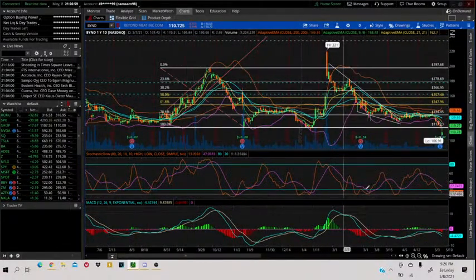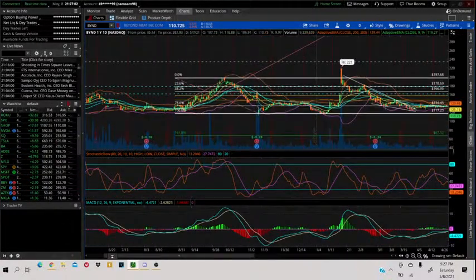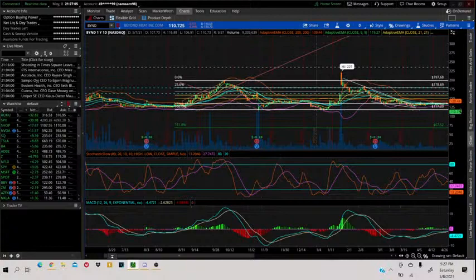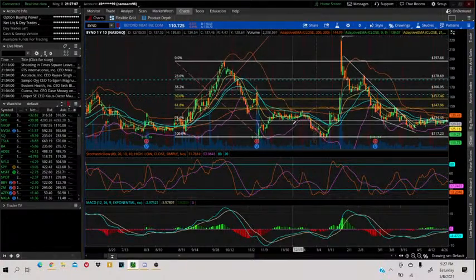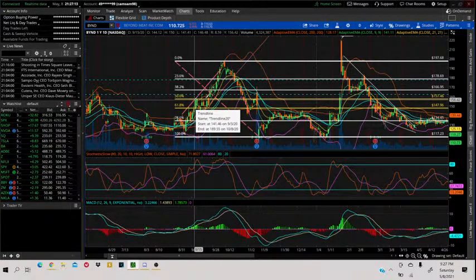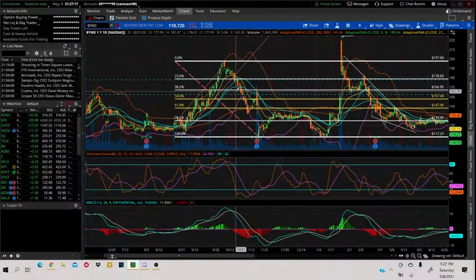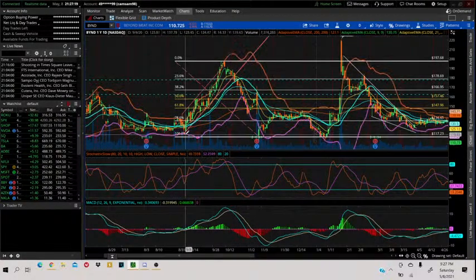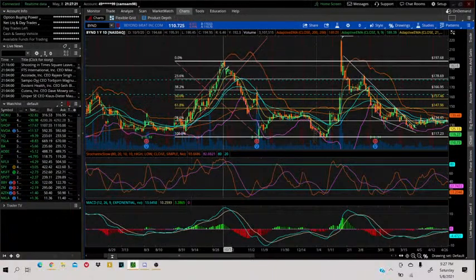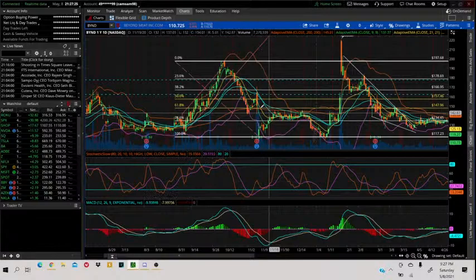Everything else is white besides my profit target area, and that's green. So whenever it gets into the 50 and the 61.8, you want to look for either a reversal in momentum or a continuation in the momentum, as it comes back, reverses there, and then continues to go up, or supply and demand happens.